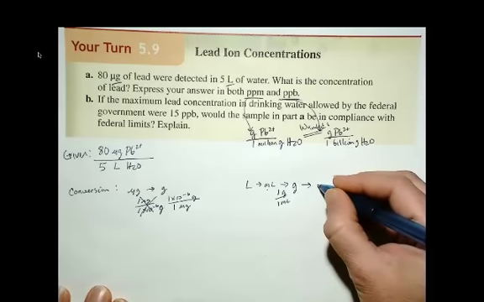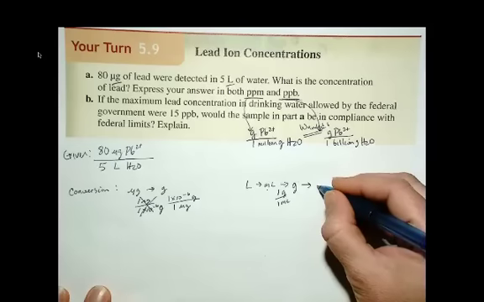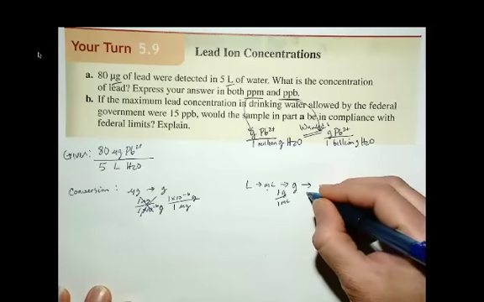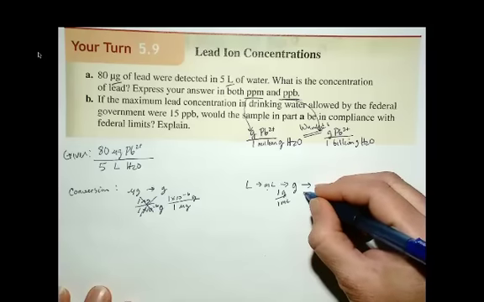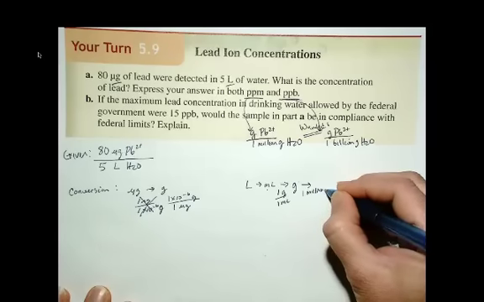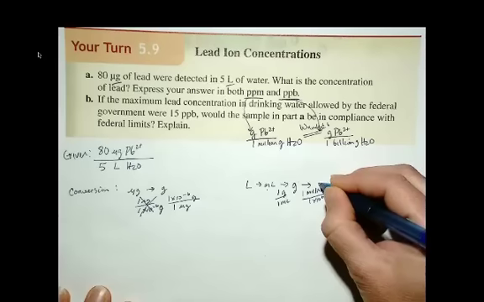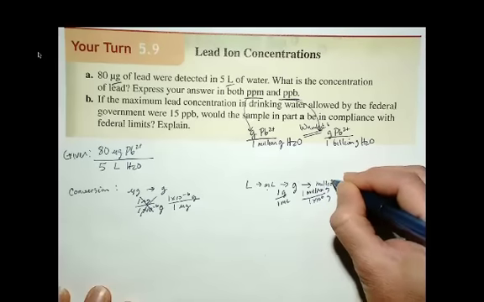And then to get to the unit million grams, I'm just going to use the definition that million equals 1 times 10 to the 6th. So there's 1 million grams in 1 times 10 to the 6 grams, and that's how I'm going to get to units of million grams.